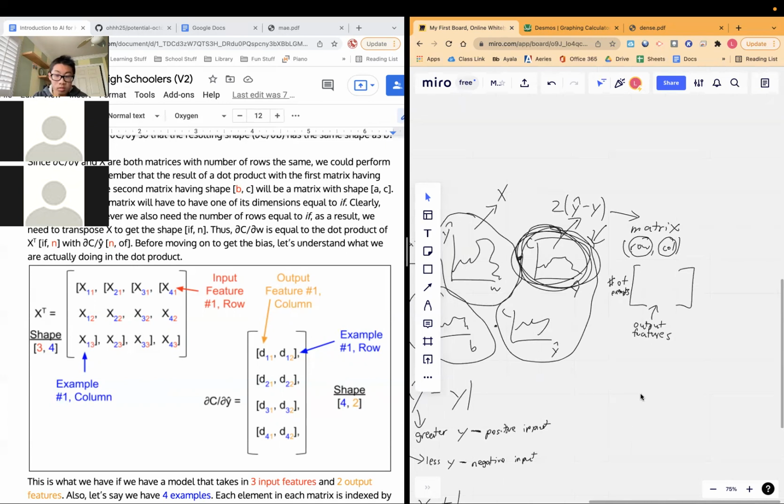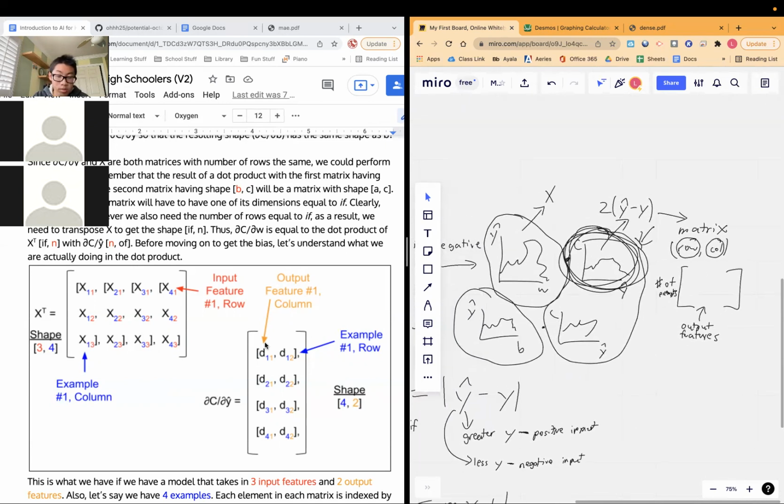Because you have a matrix, let's say you have 4 examples and 2 output features, then what you get is a shape of 4, 2.